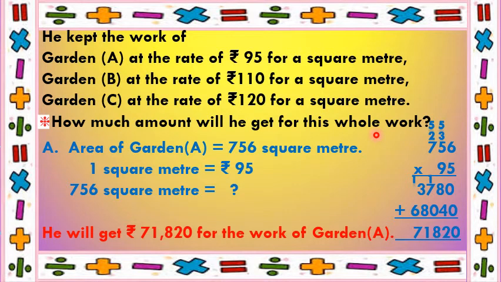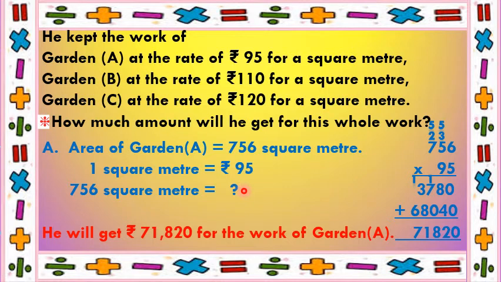Children, already we have found the area of garden A. It is 756 square meters. For garden A, Karunya has charged rupees 95 for 1 square meter. So for 756 square meters, how much amount will he get?